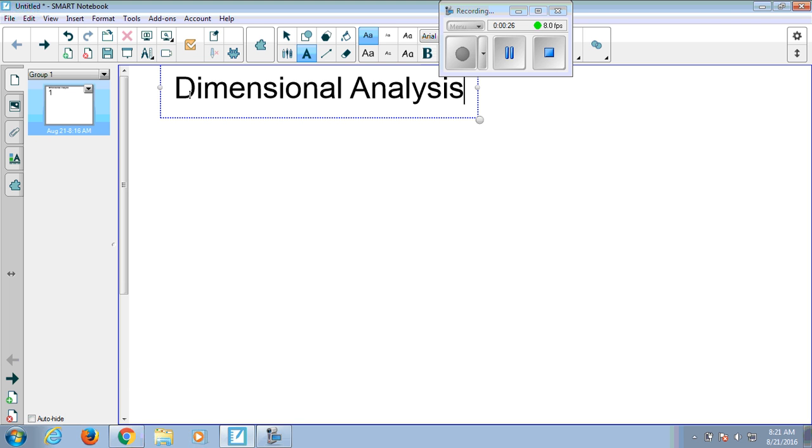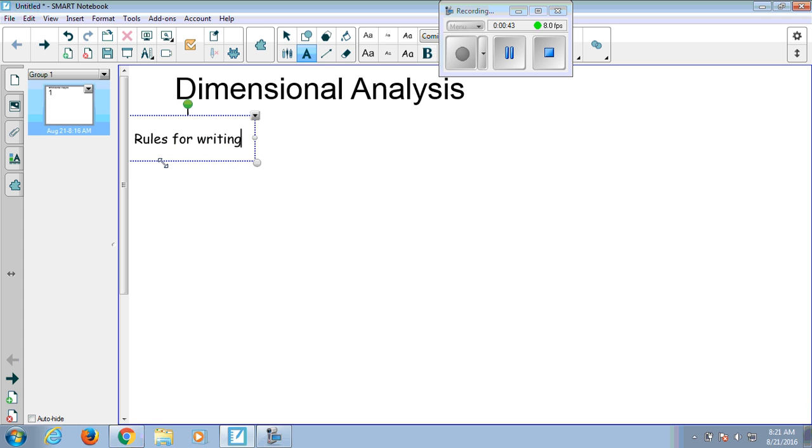Now on the worksheet that I gave you, some of the conversion factors in the examples don't look like the conversion factors that we use. So to begin, I'm going to give you some rules for conversion factors. Let's make this type a little bit smaller. All right, rules for writing conversion factors.